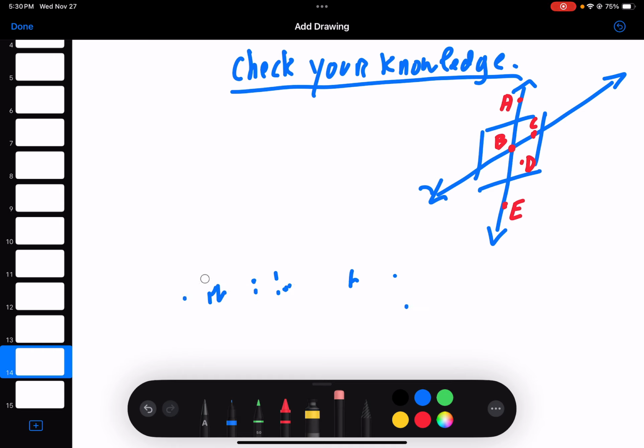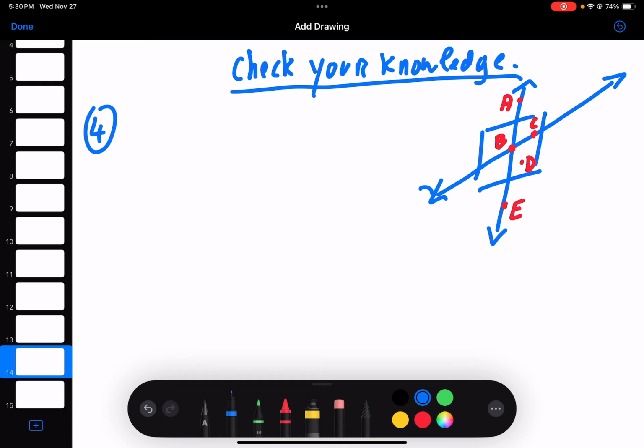Wow. I'm a master at erasing, apparently. There we go. Okay, question 4. What are the other 6 names for plane F?